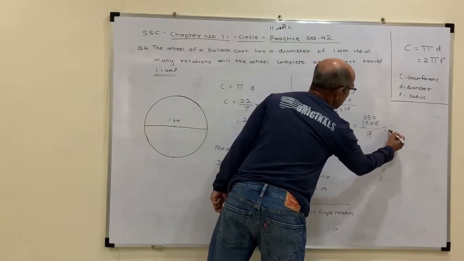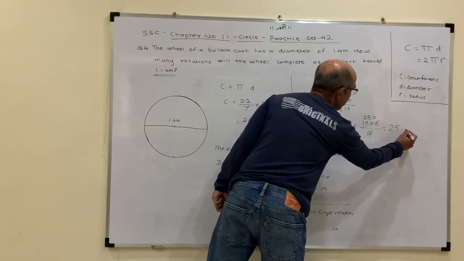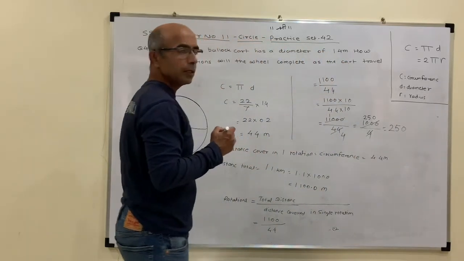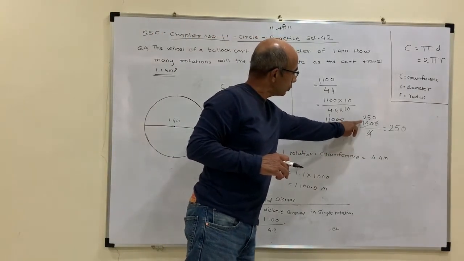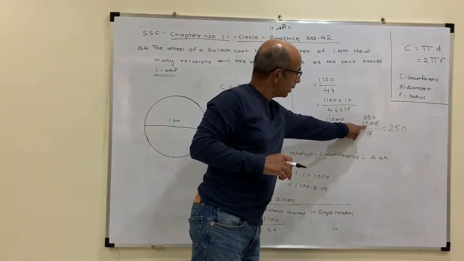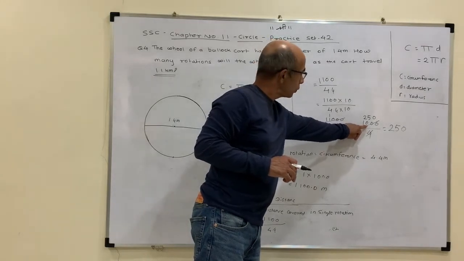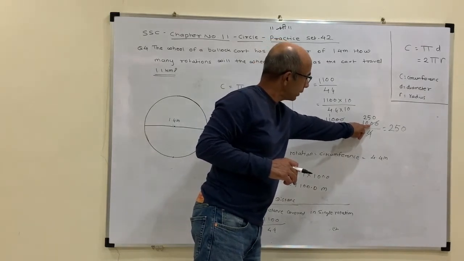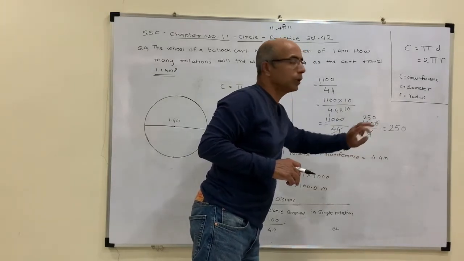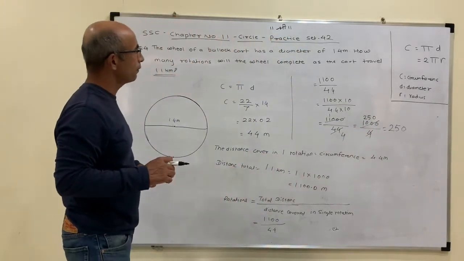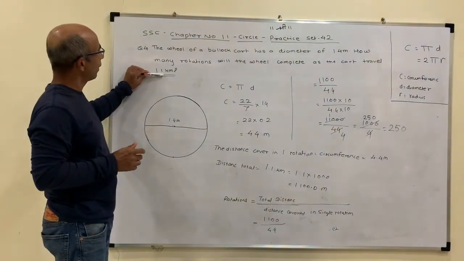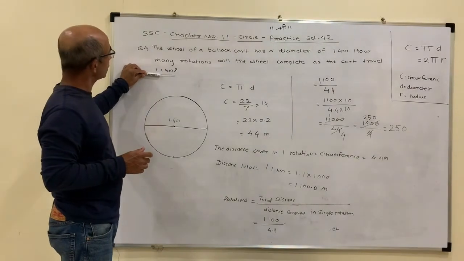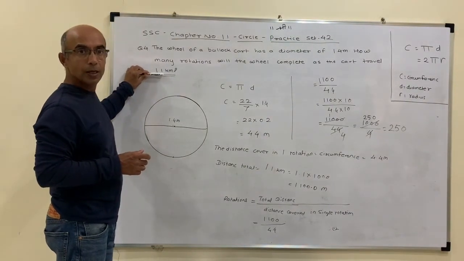So it comes 250. You got it? 4 2s are 8, my leftover is 2. So comes out to be with this 0, 20. 4 5s are 20 and then this 0. So 250 rotations it has to complete when it travels 1.1 kilometers.